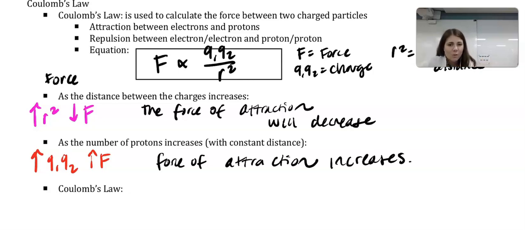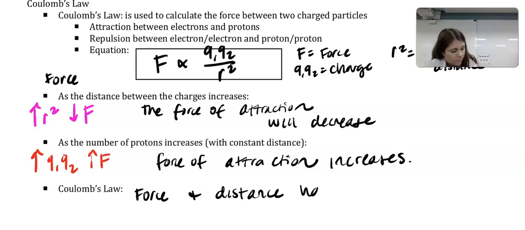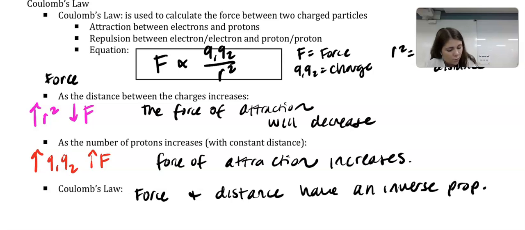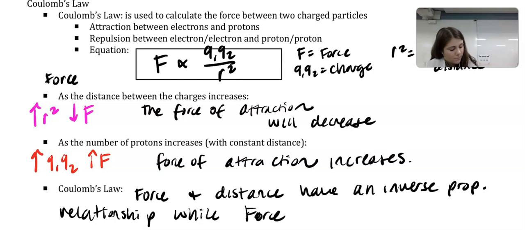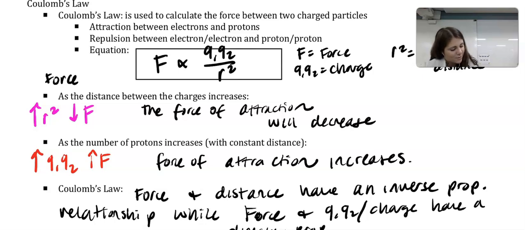So when it comes to Coulomb's law, know that force and distance have an inverse proportional relationship, while force and charge, Q1 Q2, have a direct relationship, a directly proportional relationship.